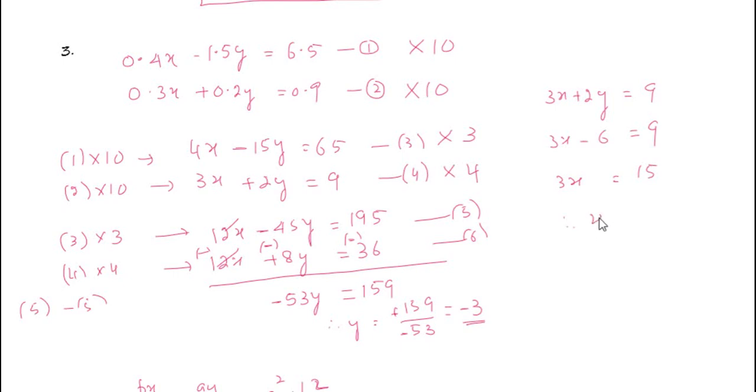Therefore x = 15 divided by 3 equal to 5. So the solution is x = 5 and y = -3. So when two equations are in decimals, it is better to convert them first into integers and then try to solve them.